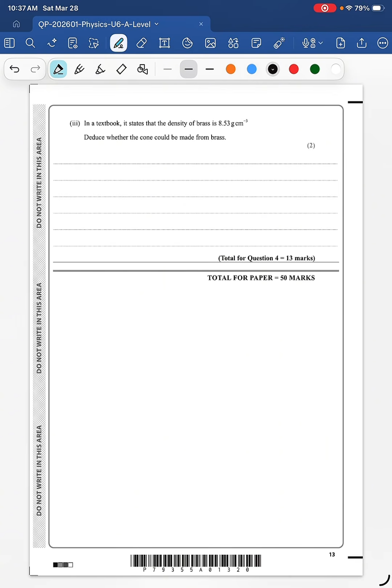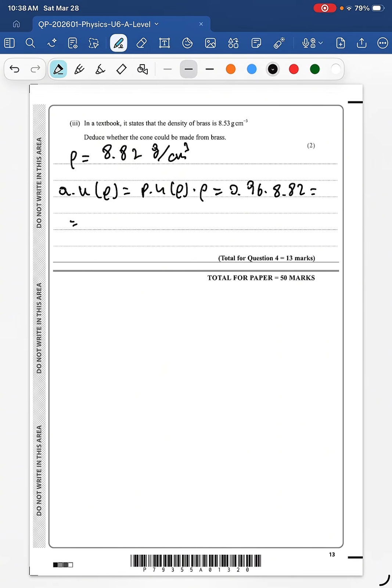Okay, so the value we found is rho is 8.82 grams per cubic centimeter. If we multiply with the percentage uncertainty, we can find the absolute uncertainty. So the absolute uncertainty in rho is equal to the percentage uncertainty in rho times rho. So 0.96% times 8.82 yields 0.08 grams per cubic centimeter.